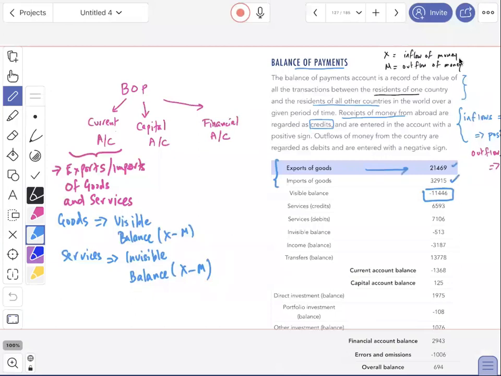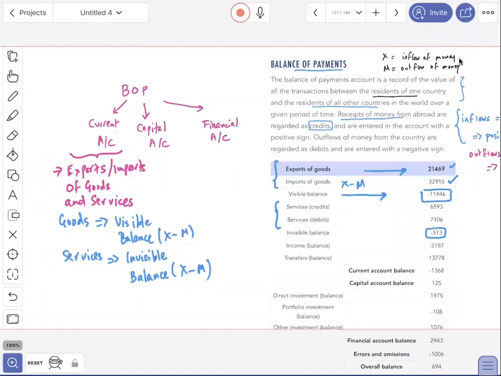Imports of goods is like 32,915. Therefore, visible balance, your X minus M of goods, is a negative value, negative 11,446. Then you look at your X and M of services, which is what we call invisible balance, which is this value.